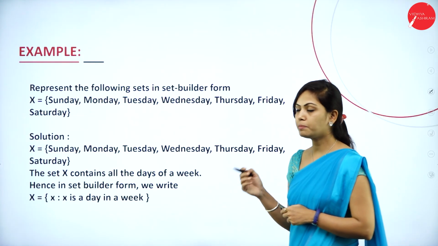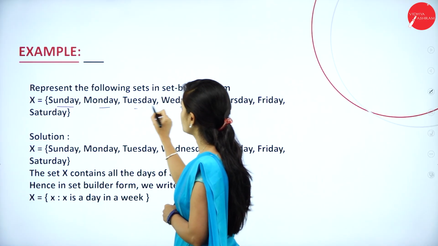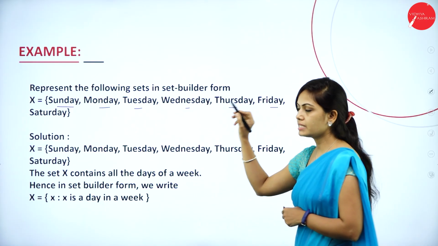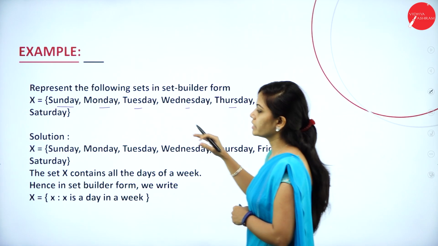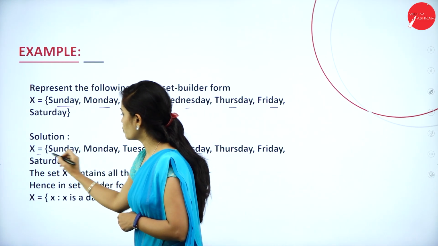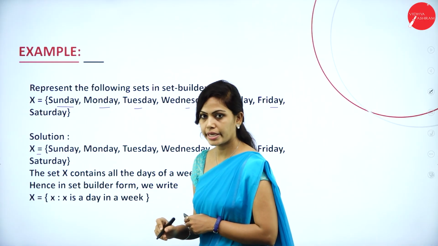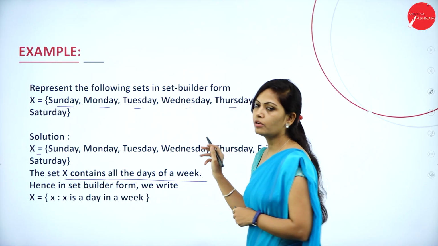Another example for set builder form, X is equal to Sunday, Monday, Tuesday, Wednesday, Thursday, Friday and Saturday. We have a list of elements here. How to write it as a statement, called set builder form? The set X contains all the days of a week.